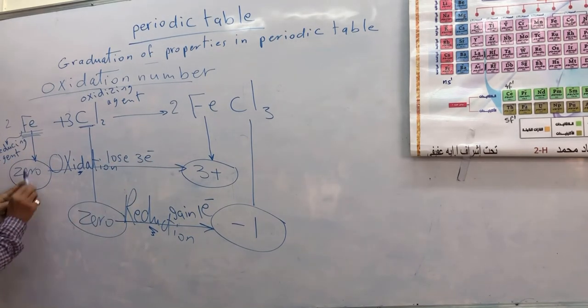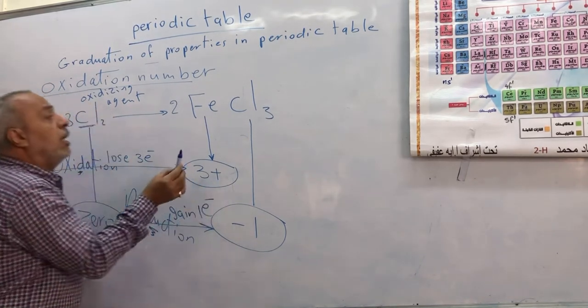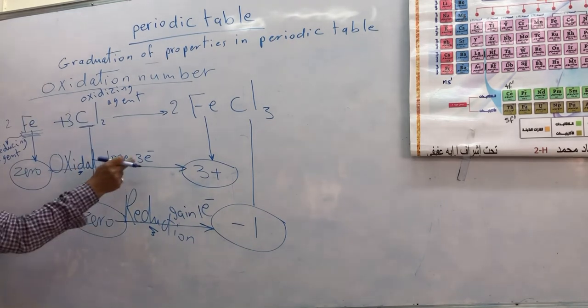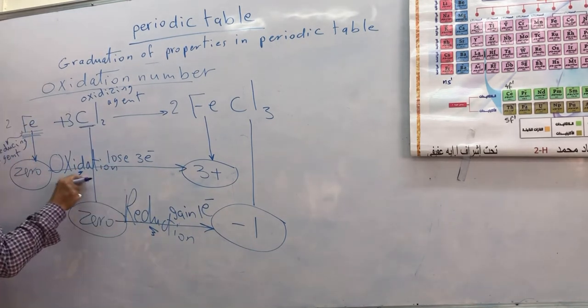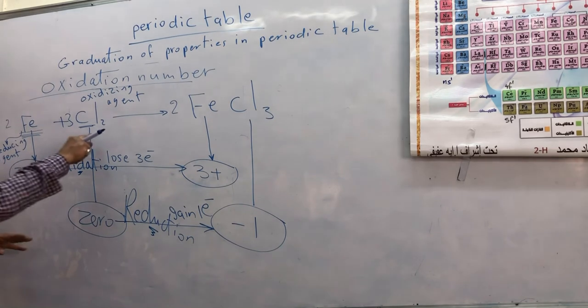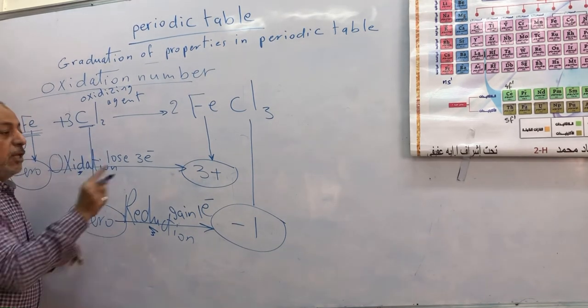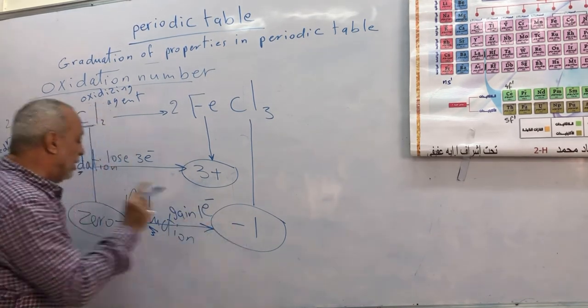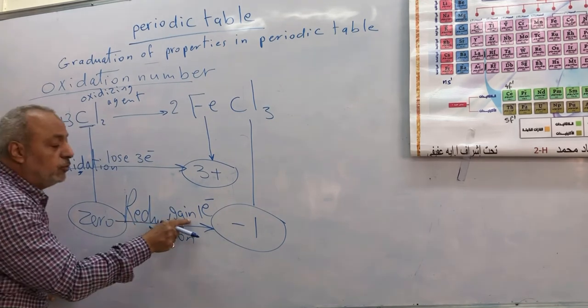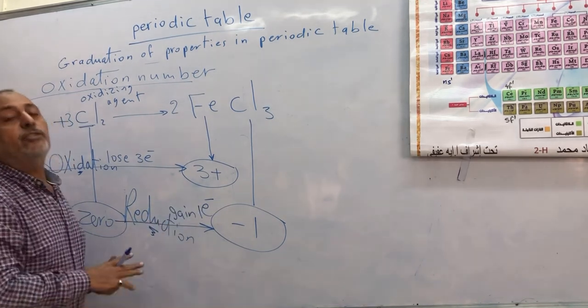Iron 0 becomes positive 3, meaning it loses 3 electrons. This is the oxidation process. Chlorine 0 changes into negative 1. Reduction process due to gaining 1 electron during the chemical reaction.